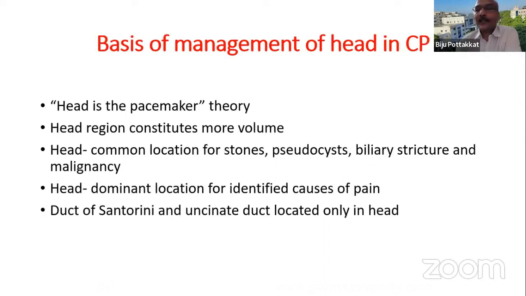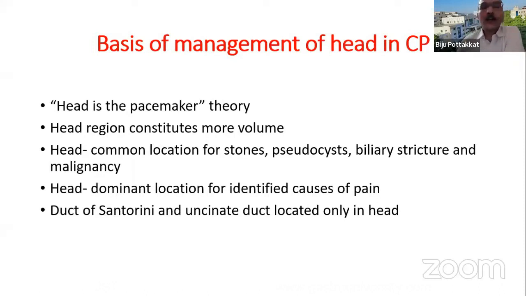So whether the disease is in the tail, body or head, why are we concentrating on the head? Because there is a philosophical pacemaker theory, and the head region constitutes more volume. Whether it is Izbicki or head resection, whatever we are talking about, the better results of pain came with reducing the volume in the pancreas.